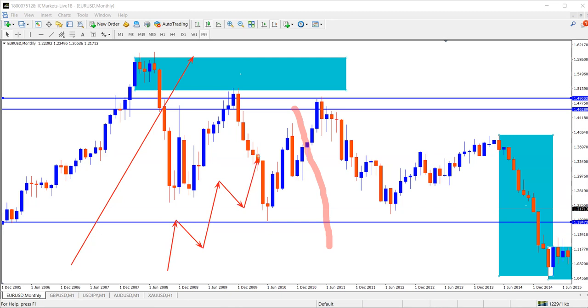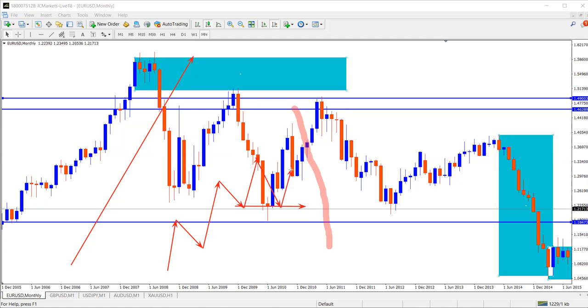Let's say there is an order block around this area. We are expecting price to come back, test that zone, and continue again.